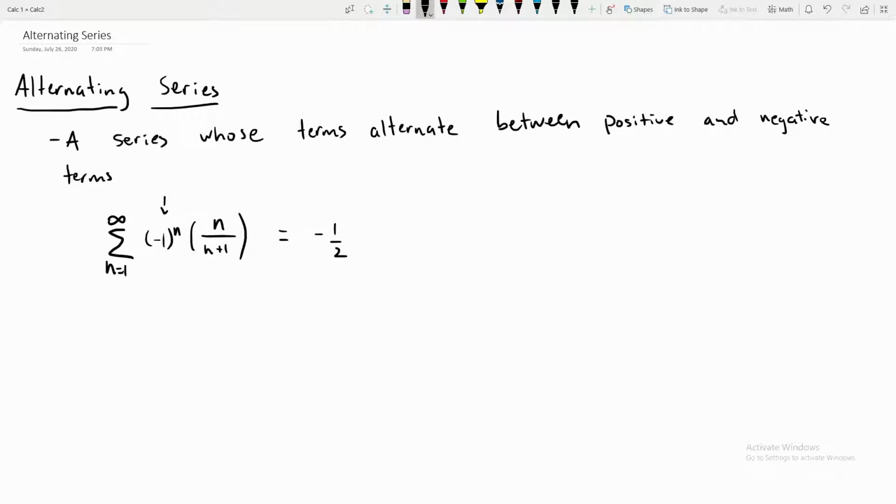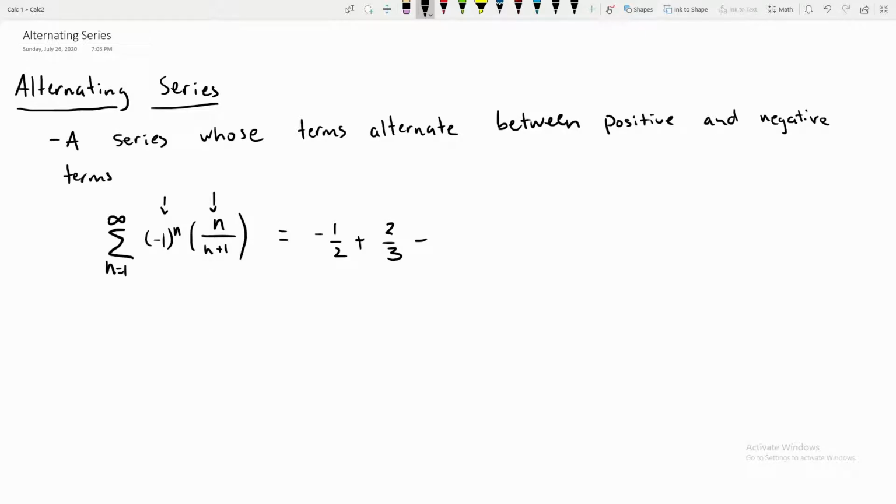This value becomes just 1 because anything raised to an even exponent gets rid of that negative, since we multiply it an even amount of times. So this term is going to be a positive one, and since n is 2, it'll be 2 over 3.